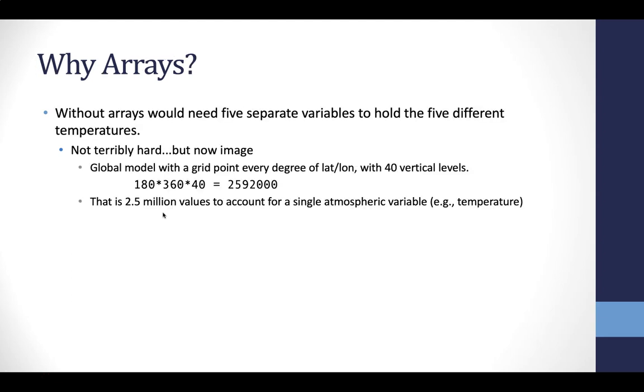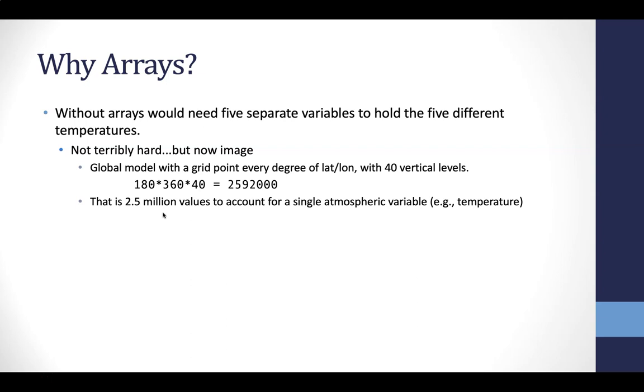And so why would we need these arrays? And so without that, we would need 5 different variables for the previous example, which wouldn't be terrible. But now let's imagine something a little more meaningful. So imagine a global model with a grid point every degree of latitude, longitude with 40 vertical levels. So that would be 180 degrees of latitude, 360 degrees of longitude, and 40 vertical levels.